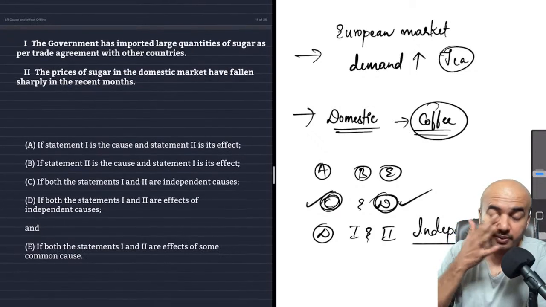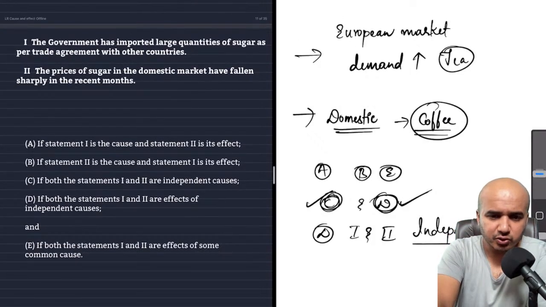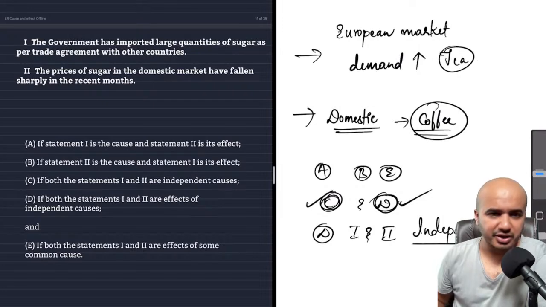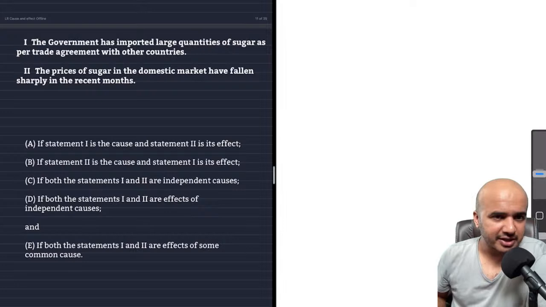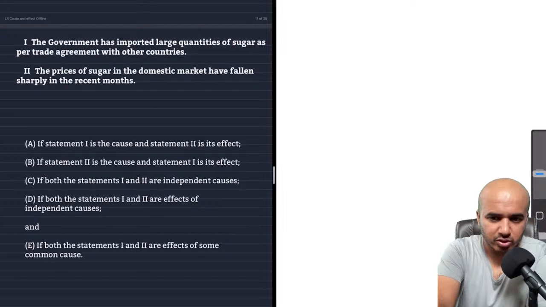Next question. The government has imported large quantities of sugar as per the trade agreement with other countries. The prices of sugar in the domestic market have fallen sharply in the recent months. Okay. So now I'm sure there is some kind of relationship between the two, because in both the cases we are looking at sugar itself.